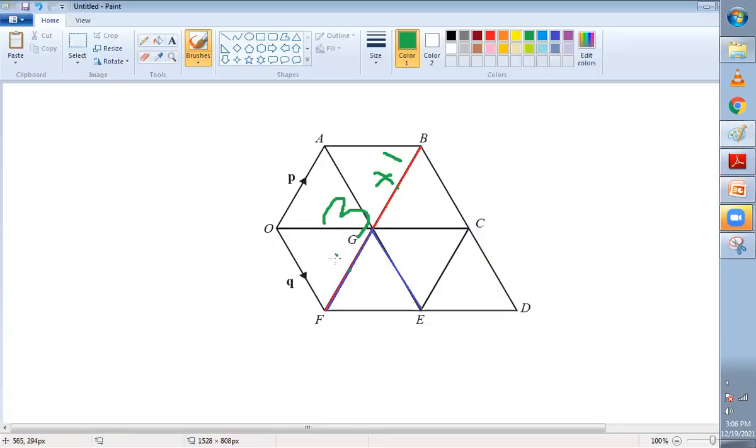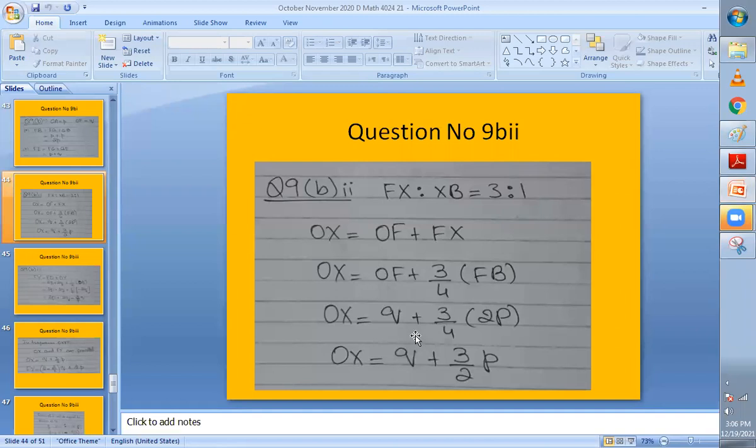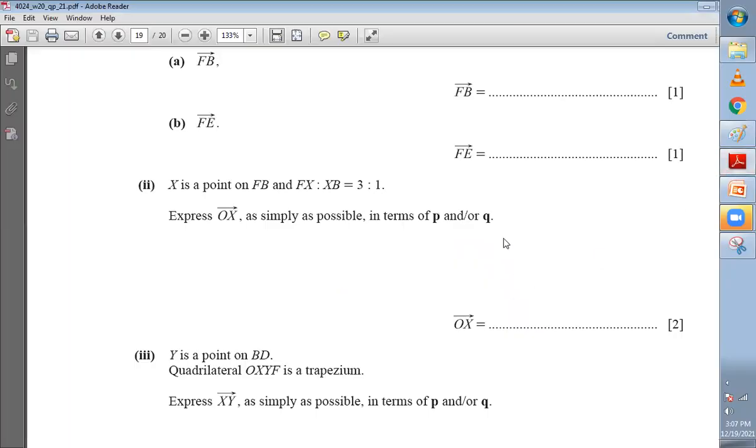FX is 3 by 4 of the total thing FB. OF is Q plus 3 by 4, and the FB is 2P. 2 and 4 will be cancelled. So OX will be equal to Q plus 3 by 2 of the P. Hopefully you understand. It's a little heavy question.